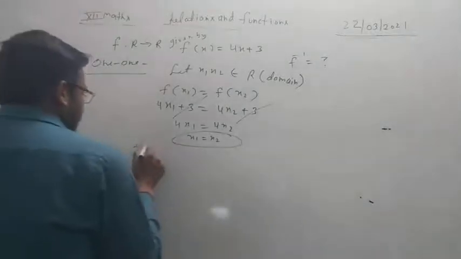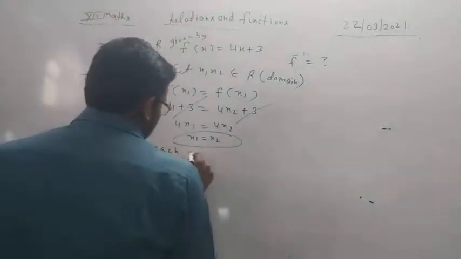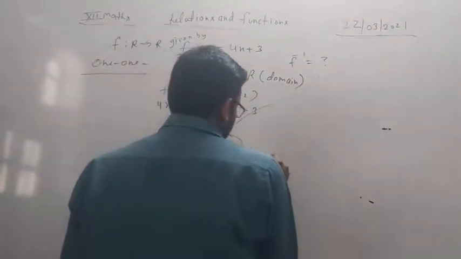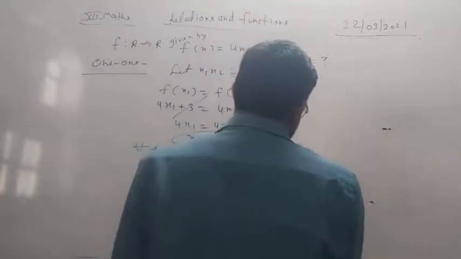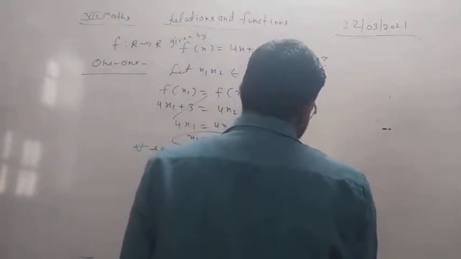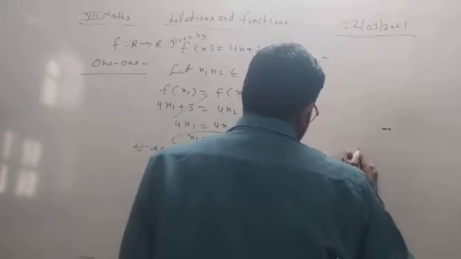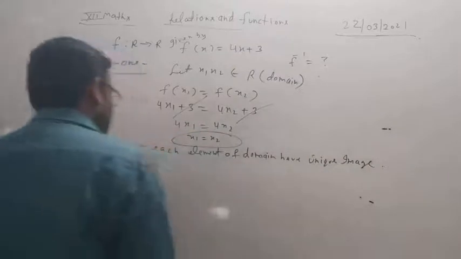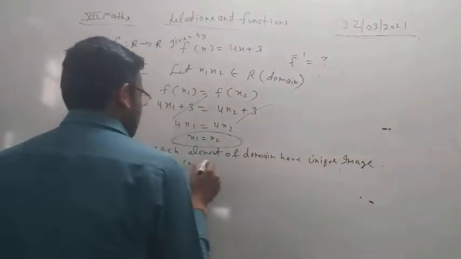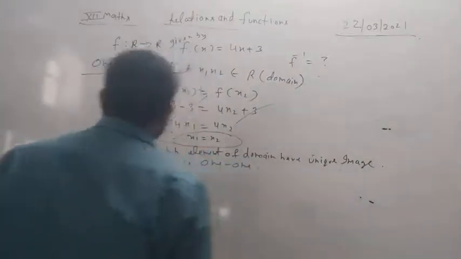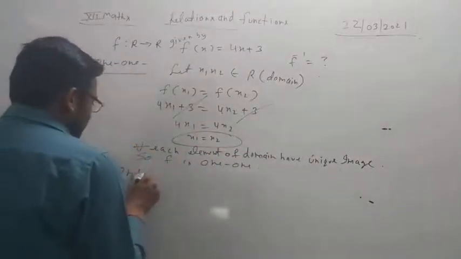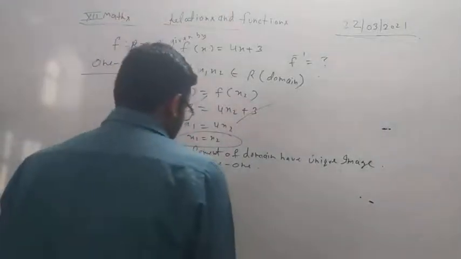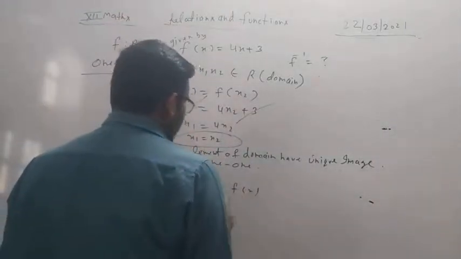So we write that each element of the domain has a unique image, so the function is one-one.